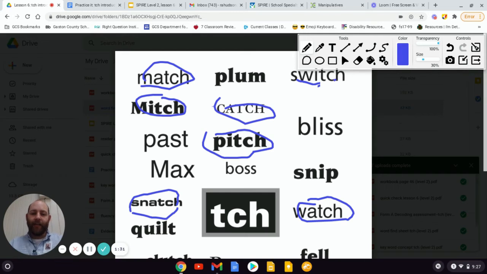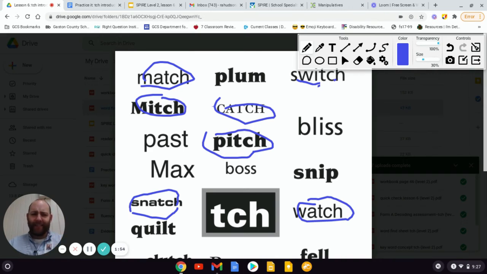I had to scroll down a little bit here, but the first ones I found, read them with me, practice them well, okay? So we have match, like I can match things together, I'm matching cards, or I can have a match, like a game, like a tennis match, or even I could light a match.